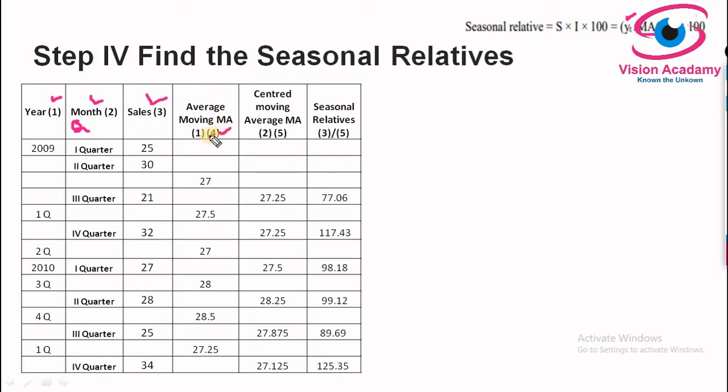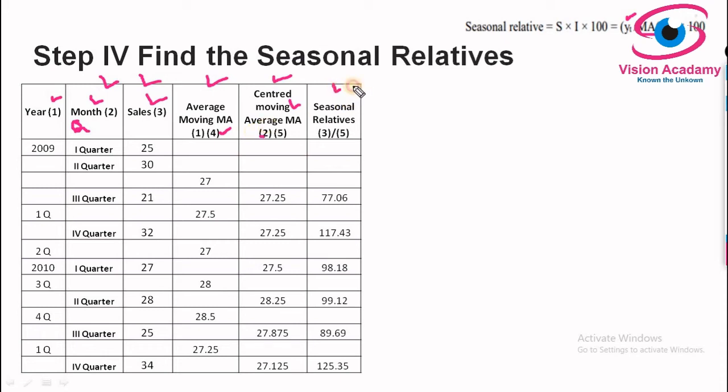This is not simply like 1 into 4, because this is the first average, that is why 1, and the centered moving average is the second average, that is why it is 2. This is column 5, this is column 4, column 3, column 2, and column 1. So here 1 and 2 are the first average and second average. It is very simple.